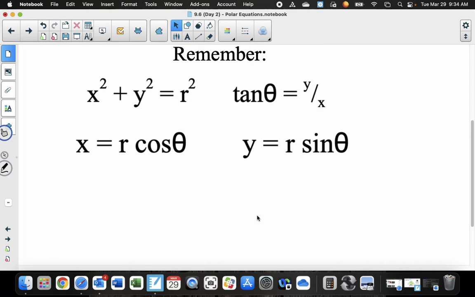When you make your substitutions going the opposite direction, the number one thing to take a look at is what am I trying to get this equal to?